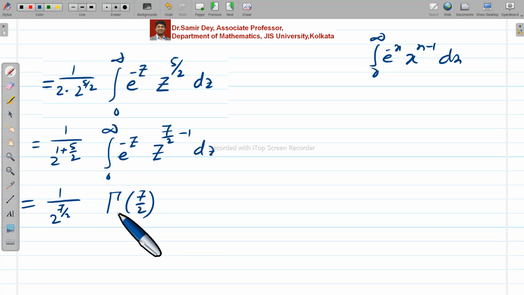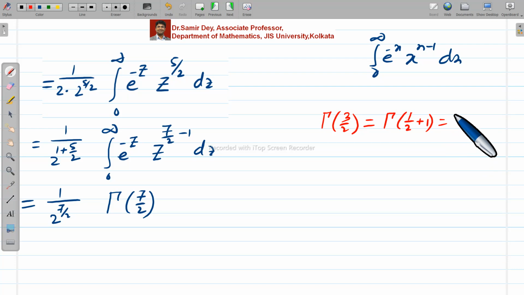Okay. Clear formula wise? Now, already you know from the basics that gamma 3 by 2 can be written as gamma of 1 by 2 plus 1, that is 1 by 2 gamma 1 by 2, which equals 1 by 2 root pi. Already you know that: gamma half means root pi. Same thing is here.